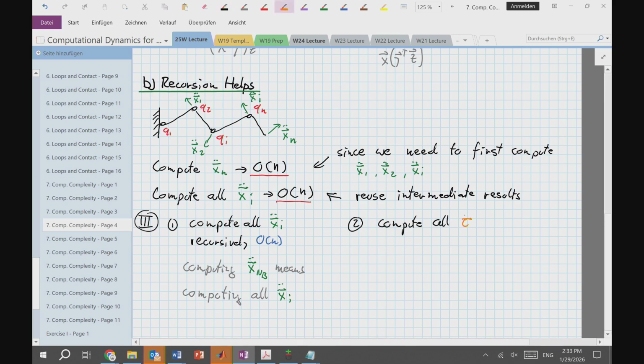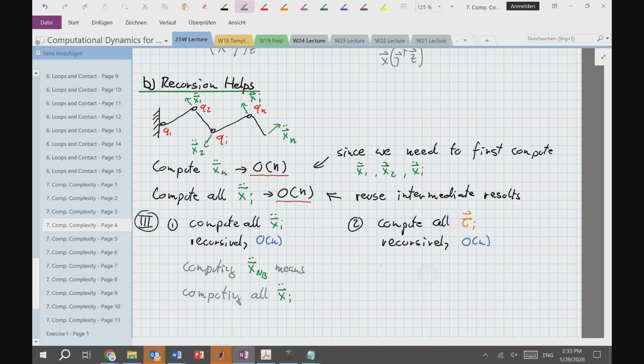Again, we have a projection with a Jacobian. But if we do it recursively, we get an order n operation.